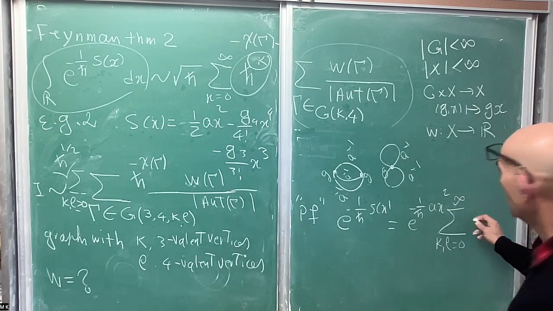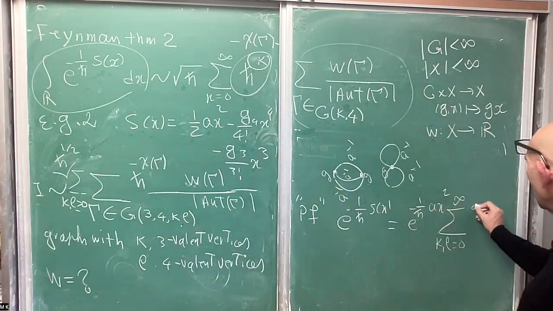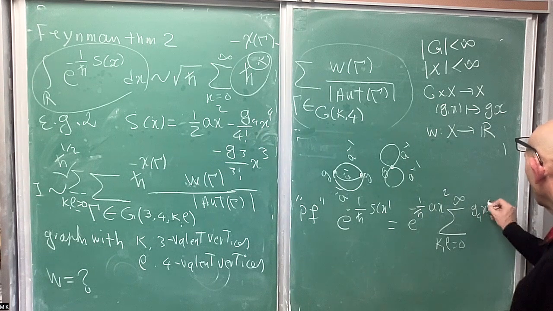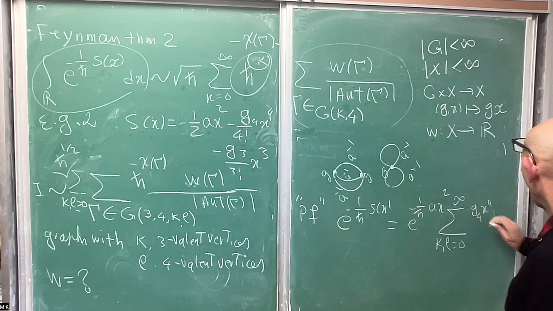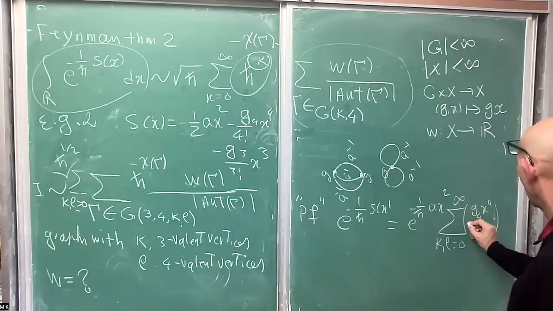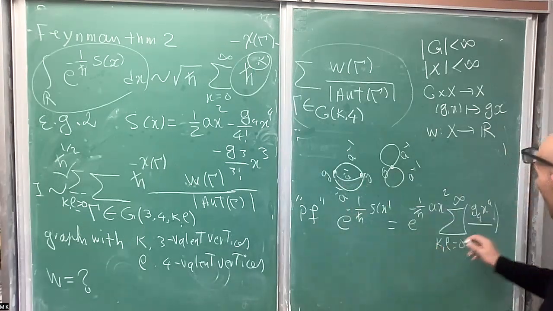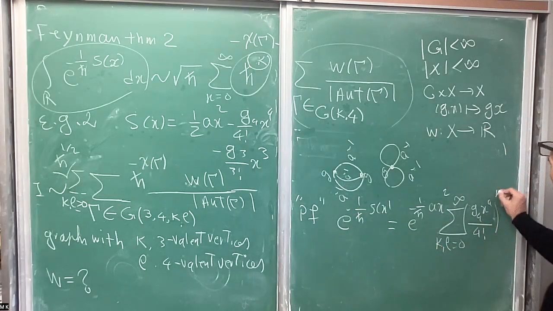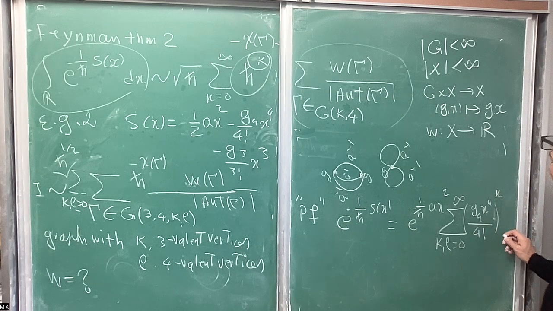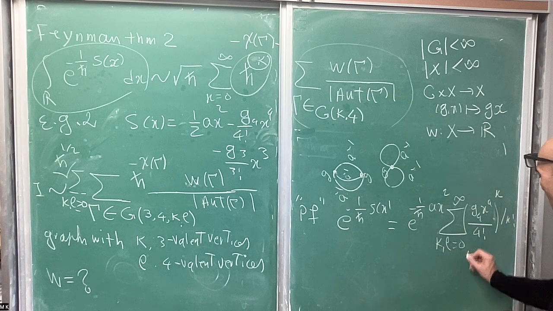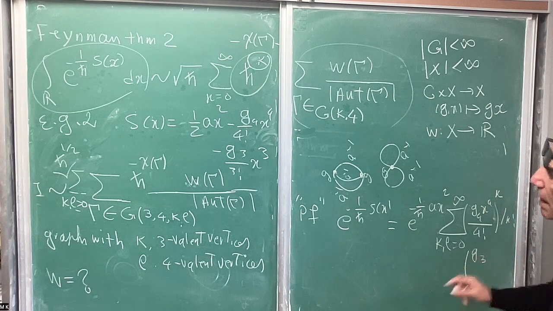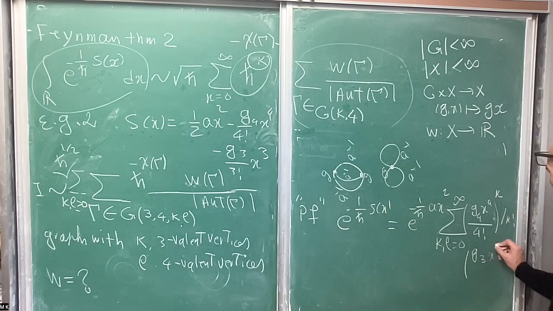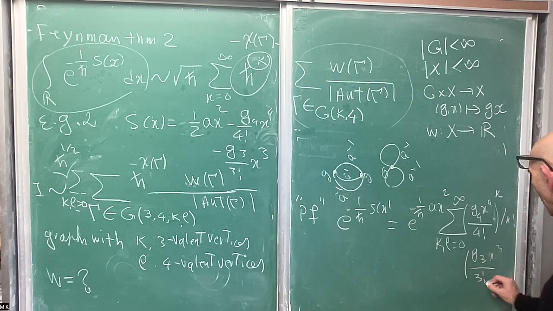So this becomes G4 x to the 4 divided by 4 factorial, to the power k, divided by k factorial, times G3 x cubed divided by 3 factorial, to the power L, divided by L factorial.